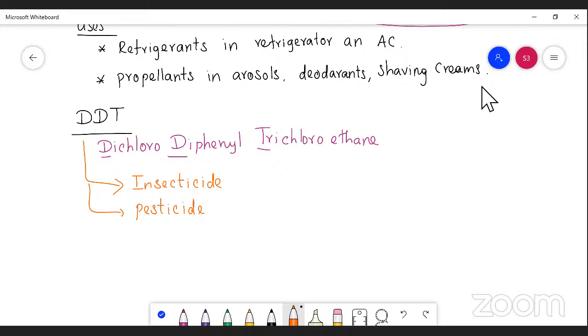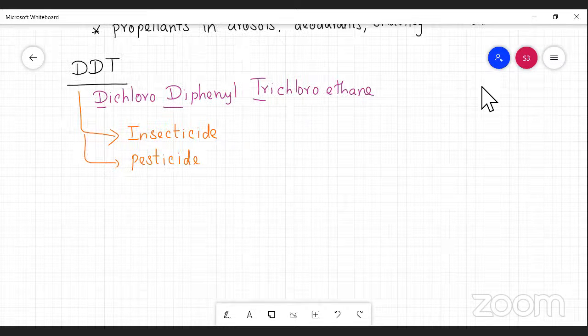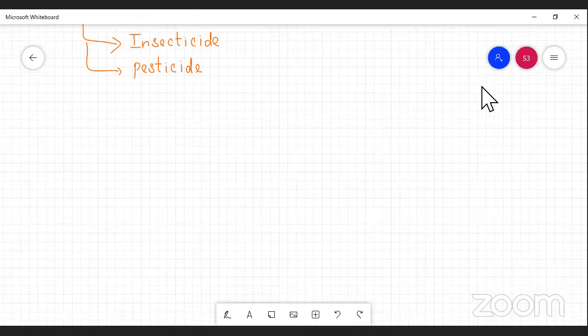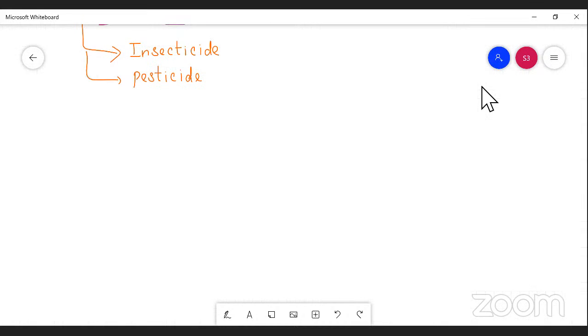Now, how will you prepare this DDT? It is prepared from chloral, that is CCl3CHO, trichloroacetaldehyde, which is known as chloral, treated with chlorobenzene. We take chloral and chlorobenzene to get this DDT. So, the preparation of DDT: we take CCl3CHO.